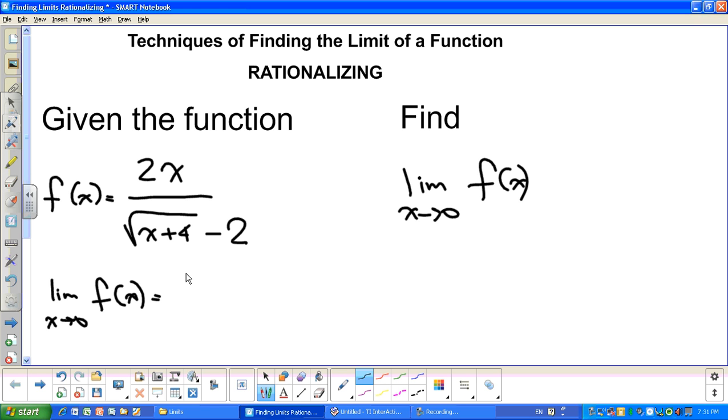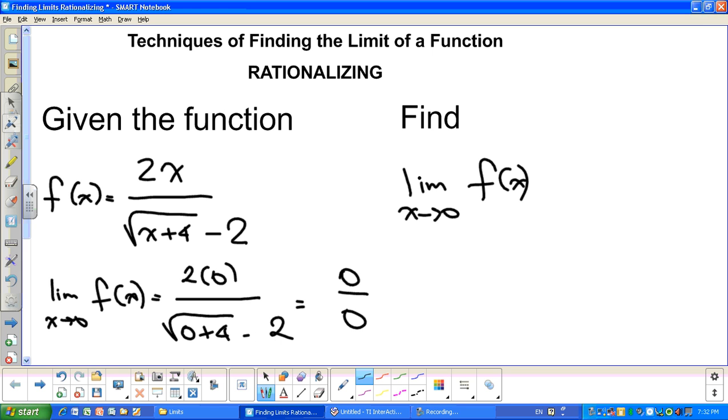I get 2 times 0 divided by square root of 0 plus 4 minus 2, which is 0 over square root of 4, which is 2, minus 2, this is 0. A 0 over 0, which we know is an indeterminate form. As we learned, no conclusions I can draw from that statement.